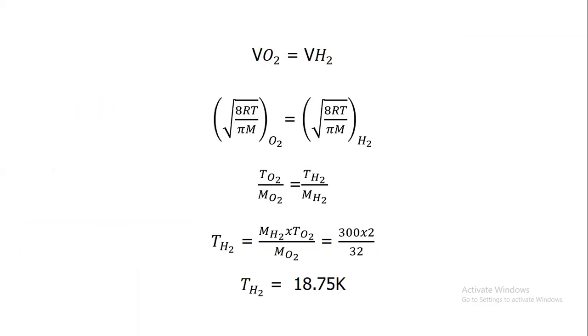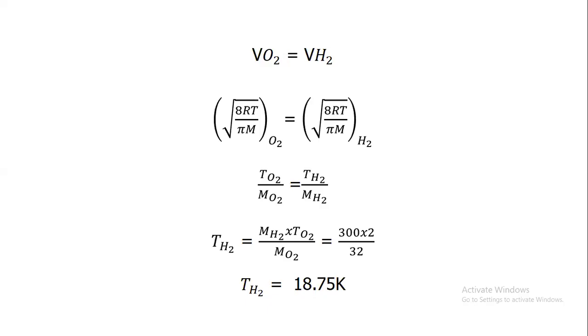So we can write root under 8RT_O2 over pi M_O2 equals root under 8RT_H2 over pi M_H2, and removing the square root on both sides, we can write T_O2 over M_O2 equals T_H2 over M_H2. 8, R, and pi also cancel on both sides.